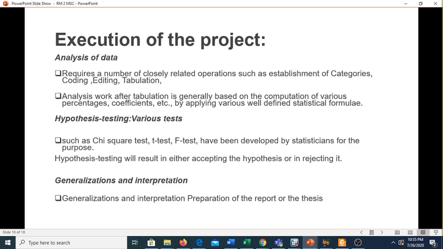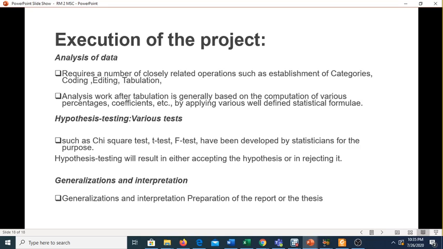So take note, whether you are in economics, gender, or ABM, any type of research, when it is being executed, it must pass through the analytical phase, hypothesis testing phase, and generalization and interpretation phase.